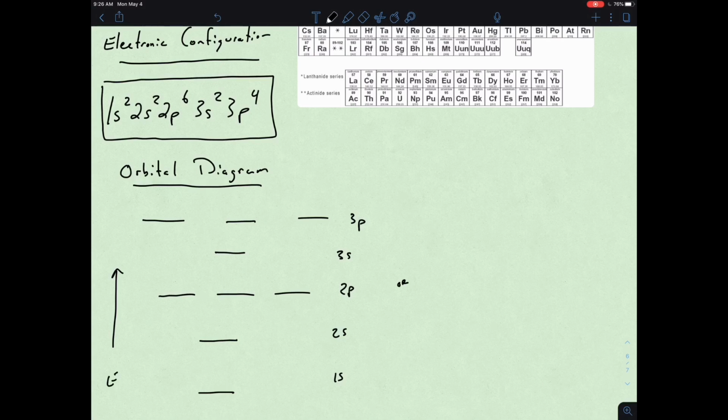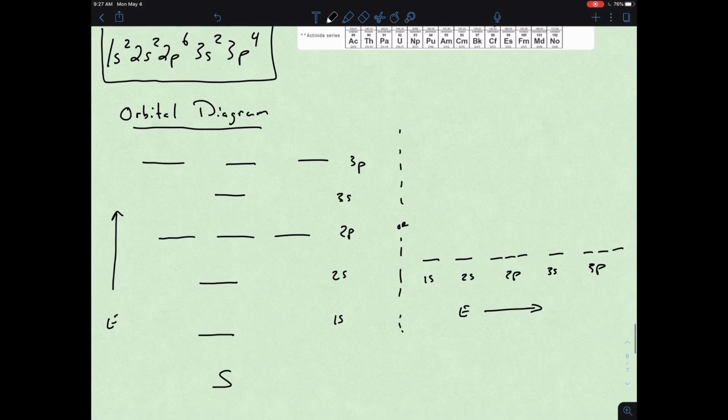Or if we want, and that's the last time I'll do both representations, we have our energy left to right. So in terms of our element, we're talking about sulfur, and we have 16 electrons that we need to deal with.